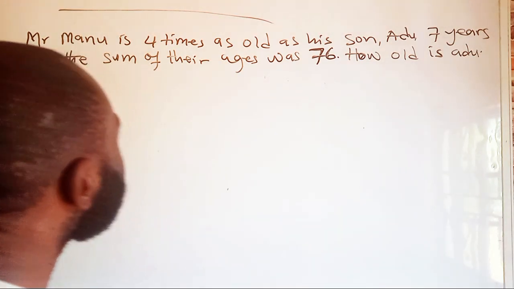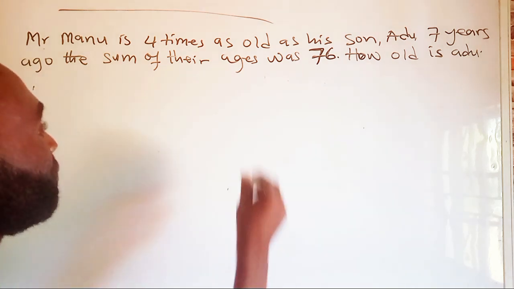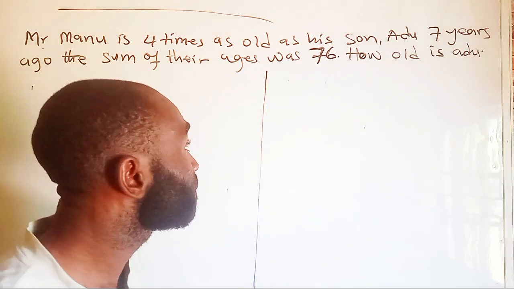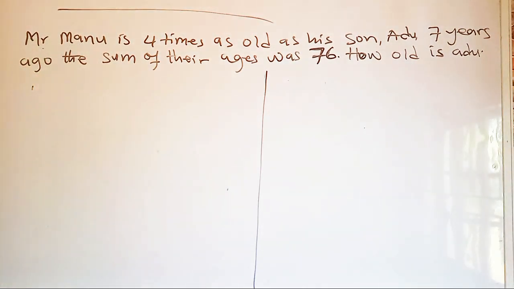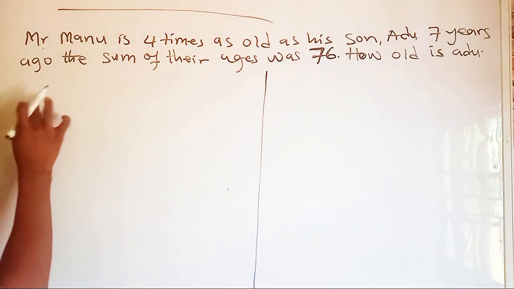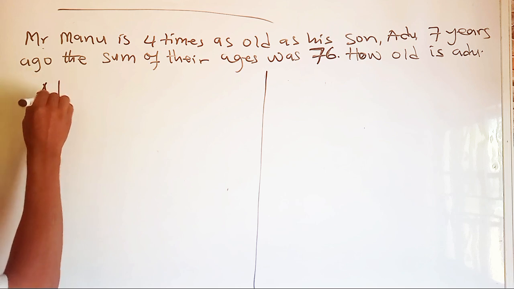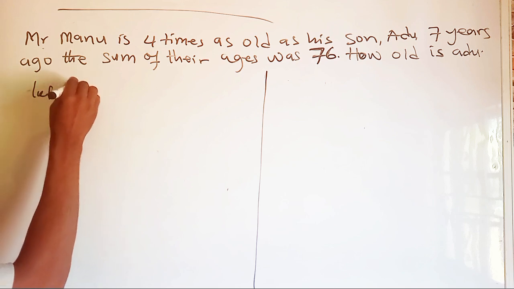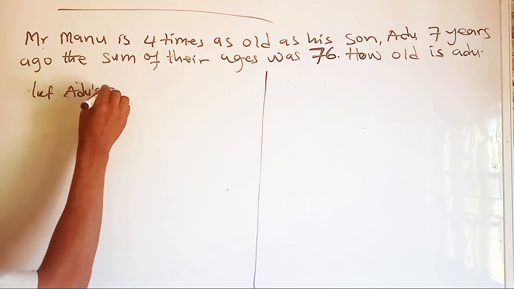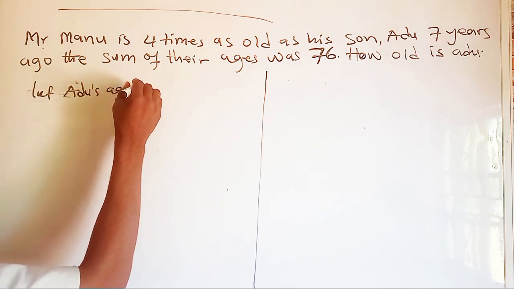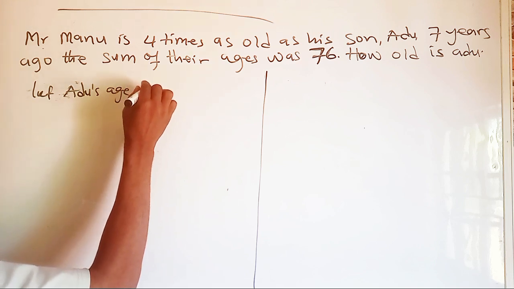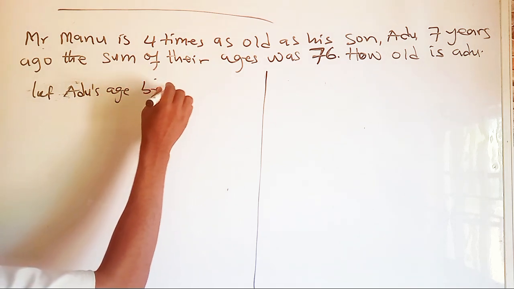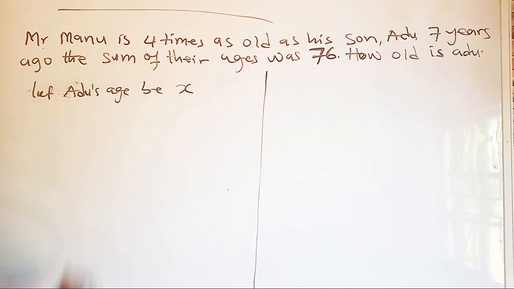But in this lesson, we will let the age of the son be equal to X, right? So now, let Adu's age be X.